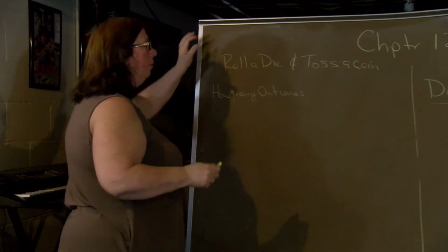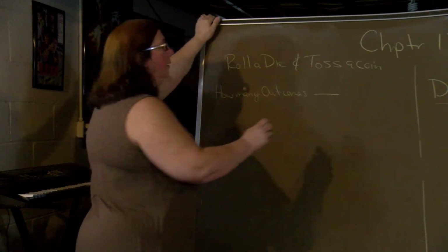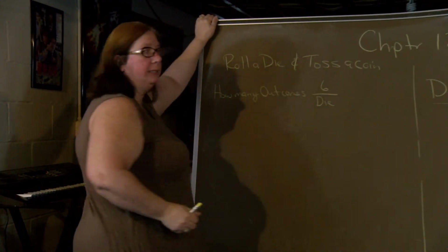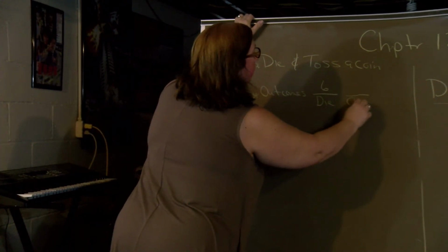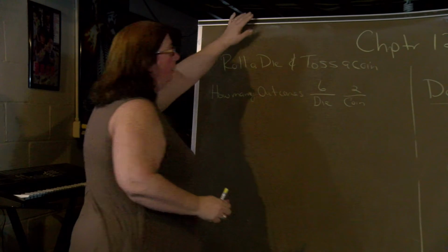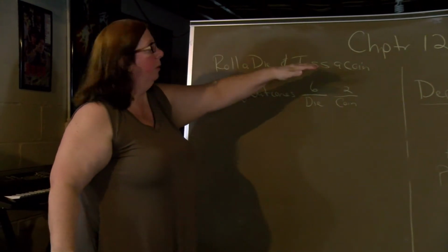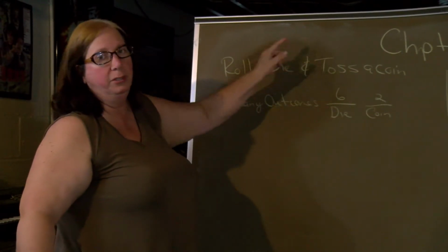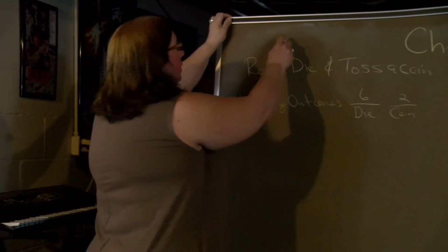When we roll the die, there's 6 outcomes. When we toss the coin, there's 2. Now this is an independent event because rolling a die has no conflict or problem with tossing the coin. It's not going to change it. They have nothing in common. So this is independent.